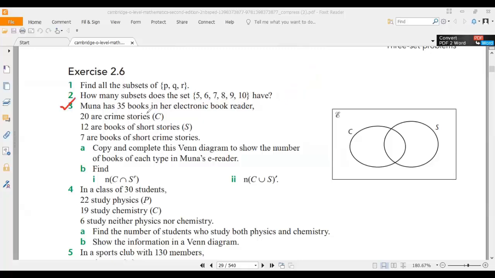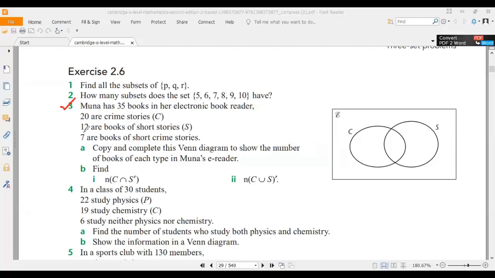Now question number 3. Muna has 35 books in her electronic book reader. 20 are crime stories, 12 are books of short stories, and 7 are books of short crime stories. Copy and complete this Venn diagram to show the number of books of each type in Muna's e-reader.